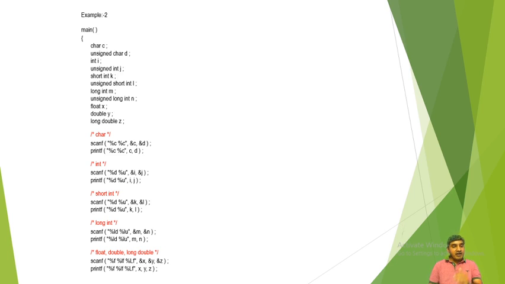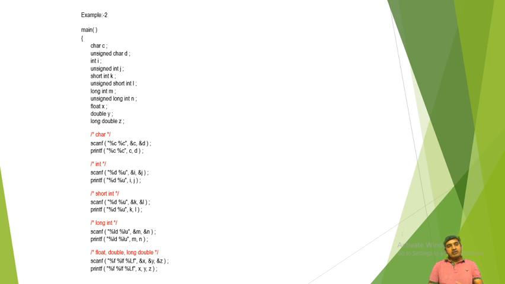In the input function, that is the scanf function, we use percentage ld, percentage lu in double inverted commas, and &m and &n.